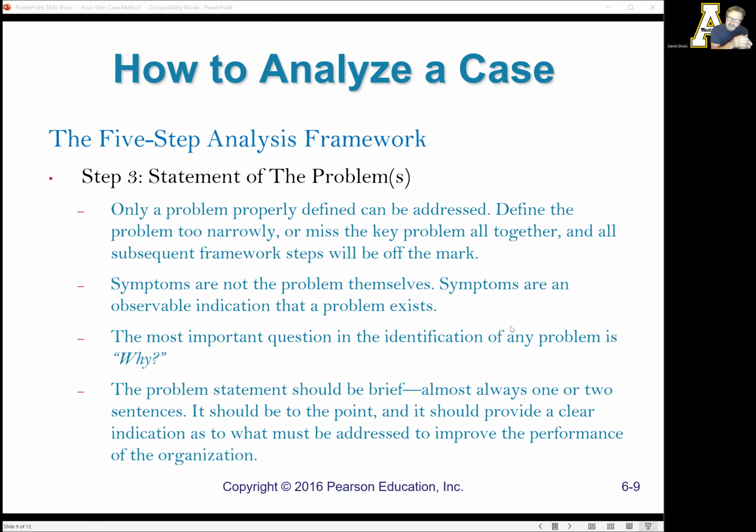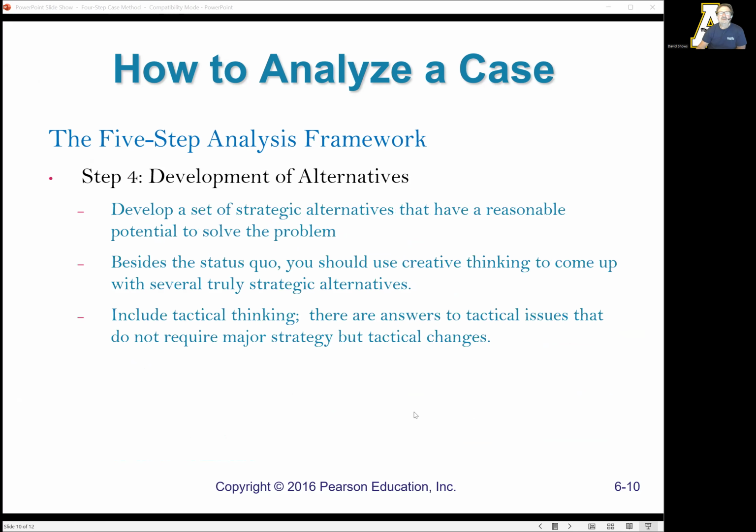Not only being able to define where the issues are, but how to fix those and use those as a future direction. You develop alternatives that have a reasonable potential to solve the problem.